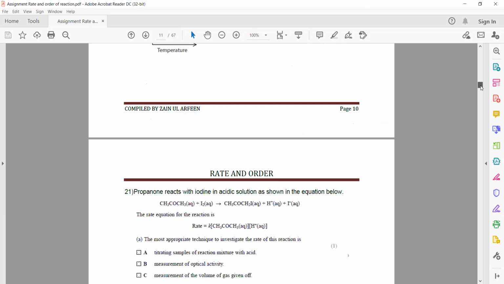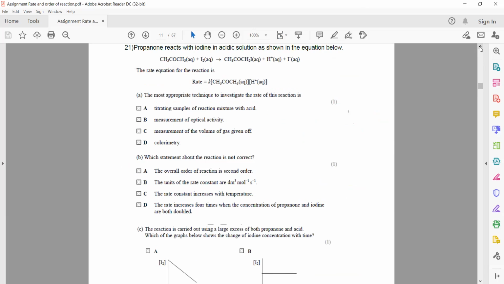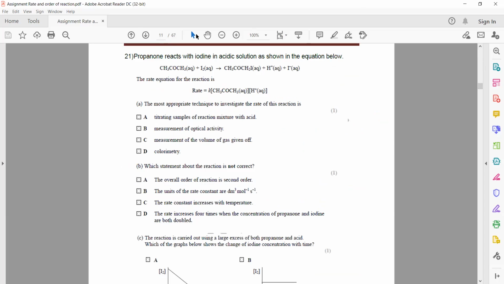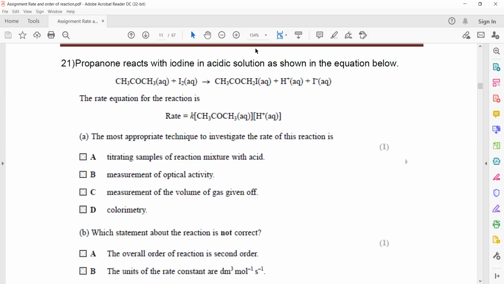Question 21. Propanol reacts with iodine in an acidic solution as shown in the equation. Which is the most appropriate technique to measure the rate of reaction?